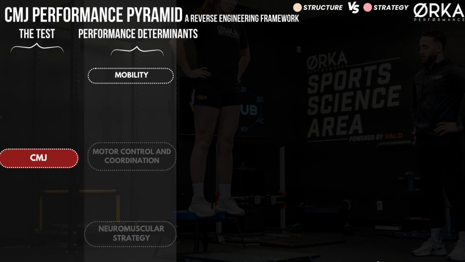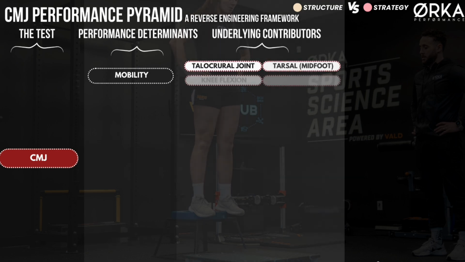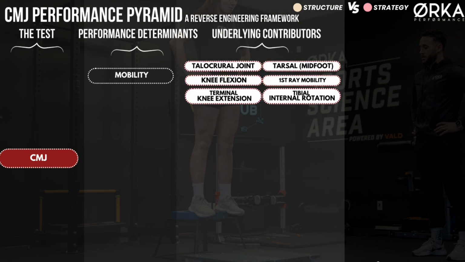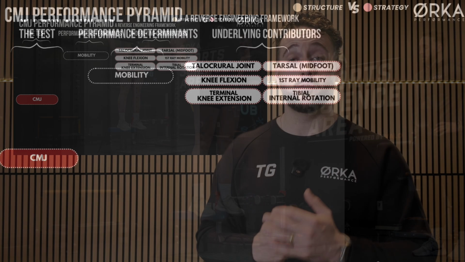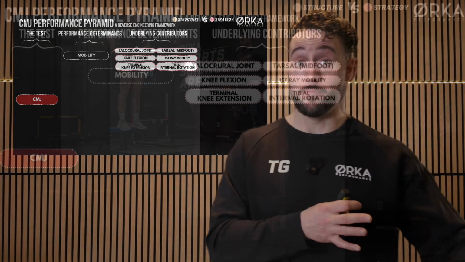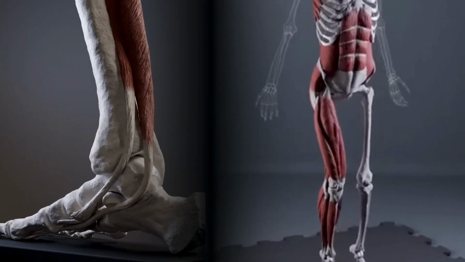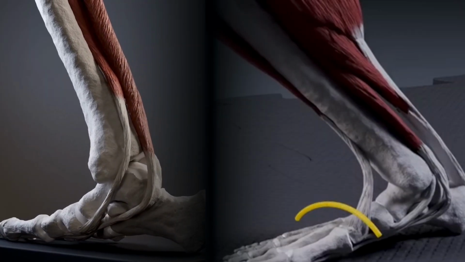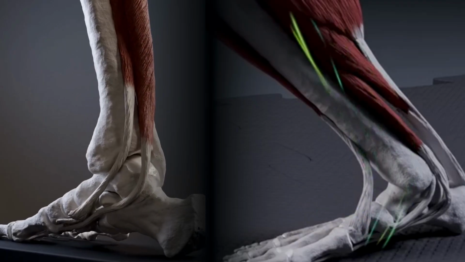If we zone in on mobility, there are going to be some underlying contributors there that dictate whether or not mobility is advantageous or disadvantageous to the athlete, right? So if we take a look at knee flexion, terminal knee extension, tibial rotation, all could influence the mobility and influence the test. And in some of these vertical jumps we also look at what's happening distally at the foot and ankle.